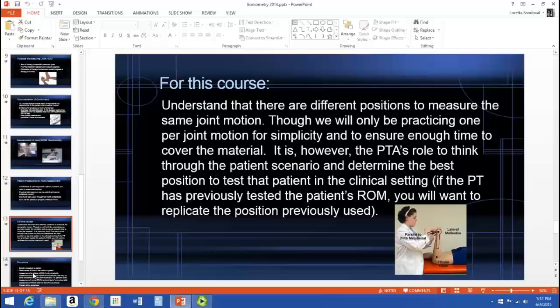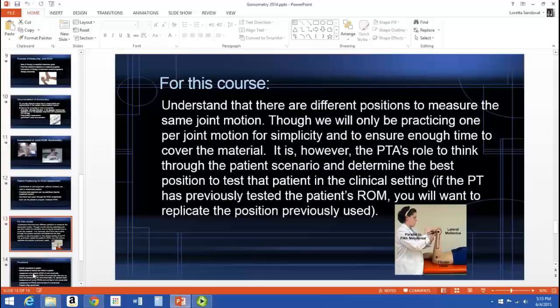A good example of that is for ankle dorsiflexion. If you had them in long sitting, so they were sitting with their legs stretched out straight in front of them, the gastroc is now on stretch across the knee and across the ankle, and that could potentially limit ankle dorsiflexion range of motion.